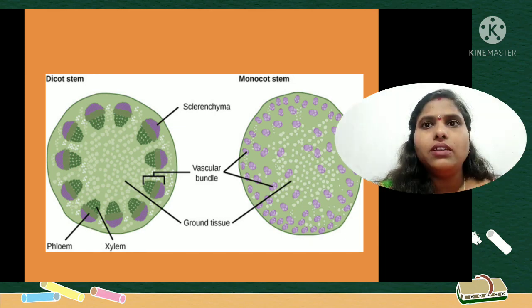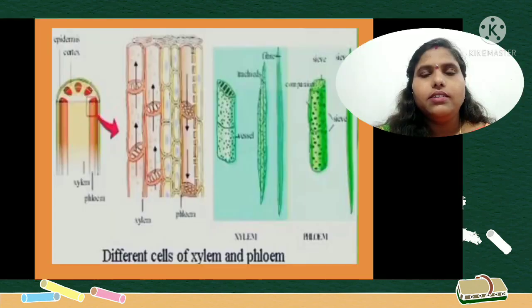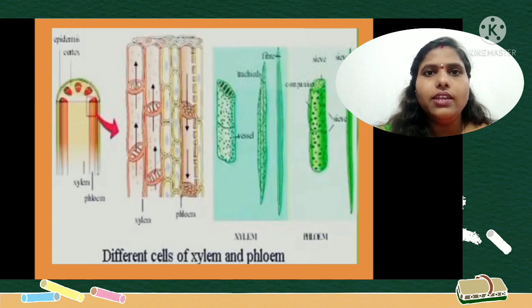All those vascular bundles are called vascular tissue. Look at this slide. In this, elements of xylem and phloem are present. The xylem elements already discussed are tracheids, vessels, and xylem parenchyma. Only xylem parenchyma is living, and we can observe the elements present in phloem in the diagrammatic representation.